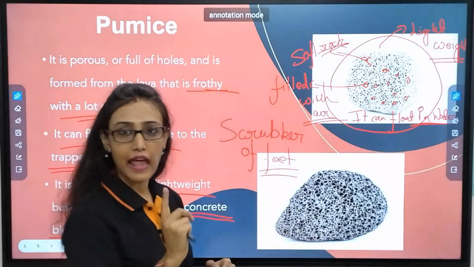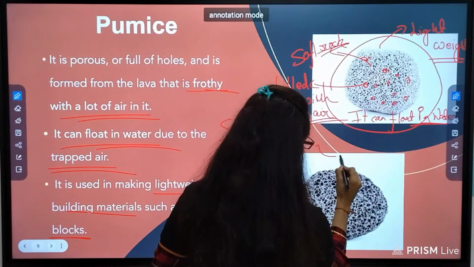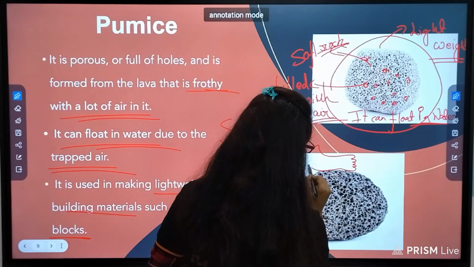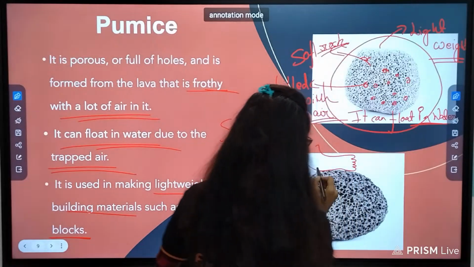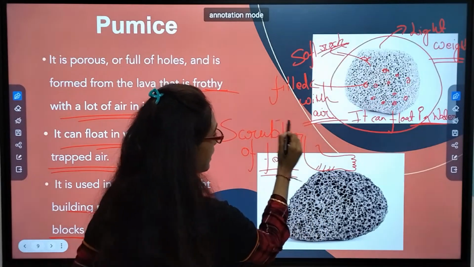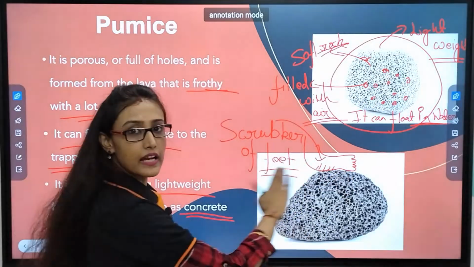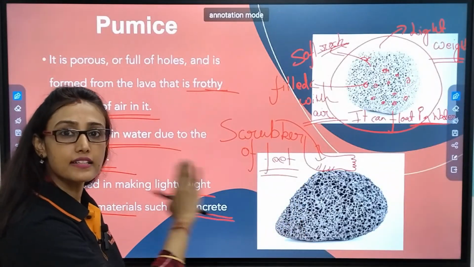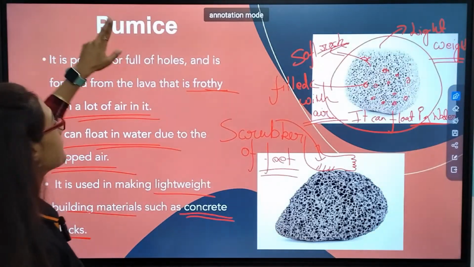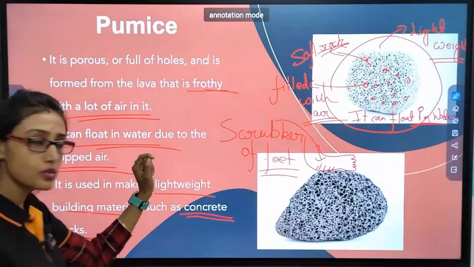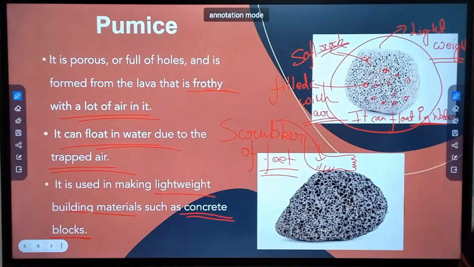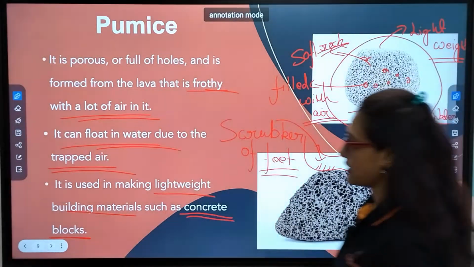Those who have cracks in their feet often use this scrubber to clear the outer dead cells. Okay, this scrubber is nothing but pumice. Understood? Okay, so I hope you will remember this in your lifetime.